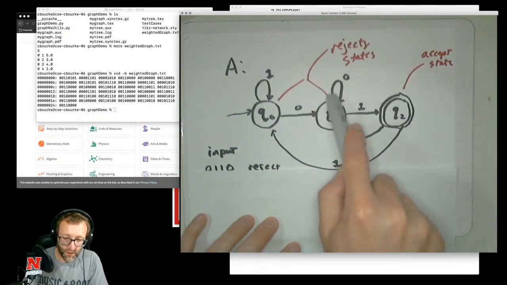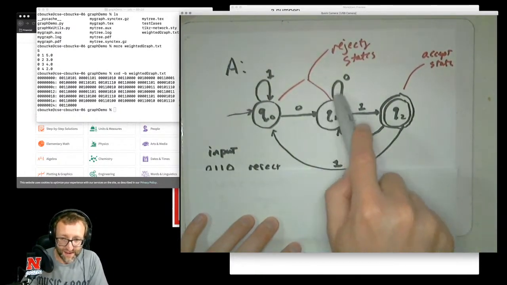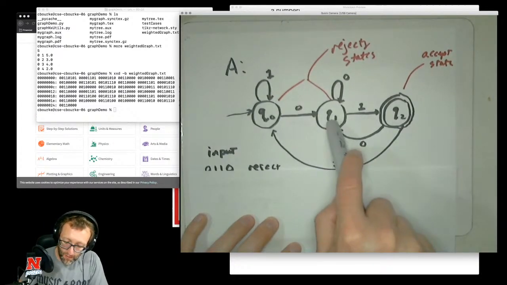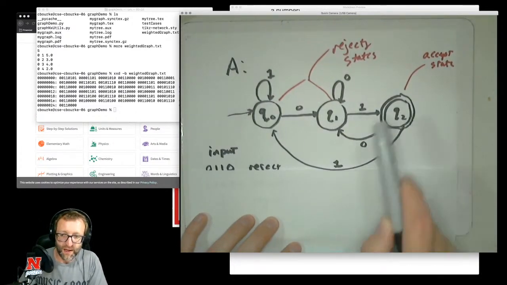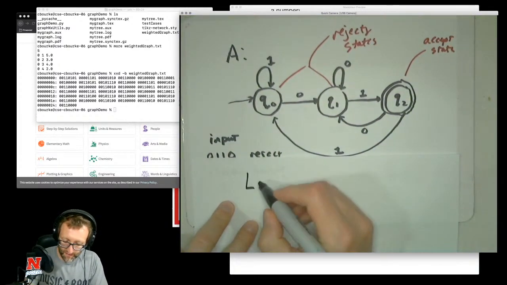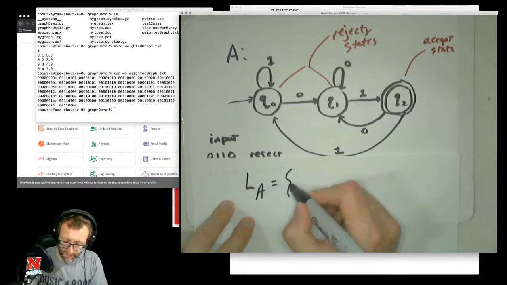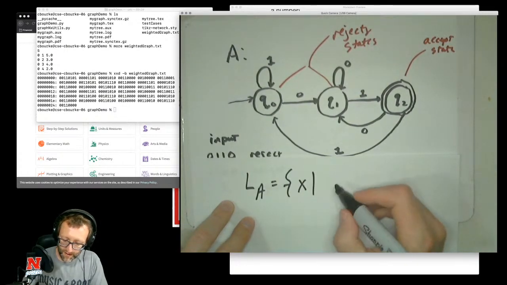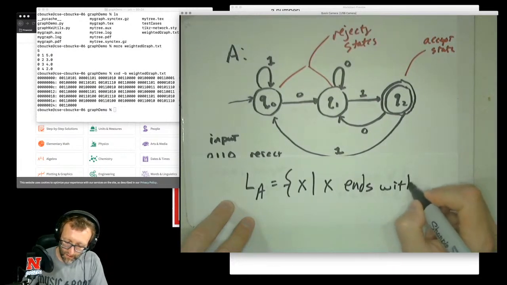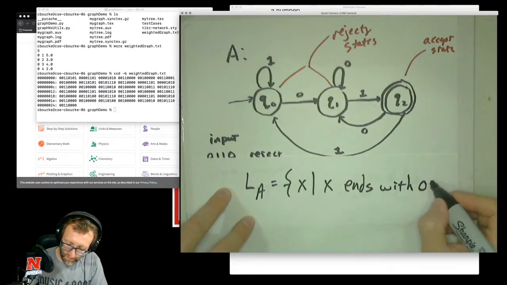We can see as many zeros as you want, but we actually have to see a 0, 1 in order to get to that accept state. If we see a 0, well, we only have to see one more 1 to get back to that accept state. So what is the language in this case? It's the set of all strings x such that x ends with 0, 1.